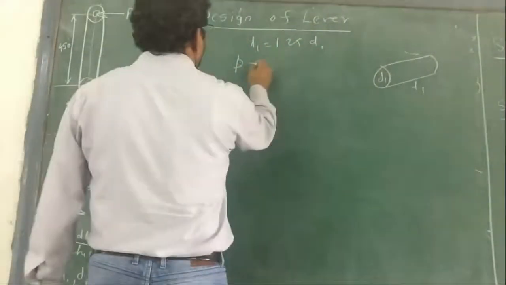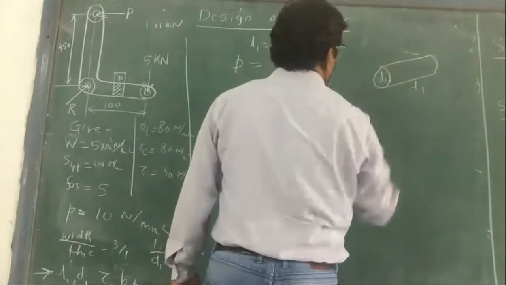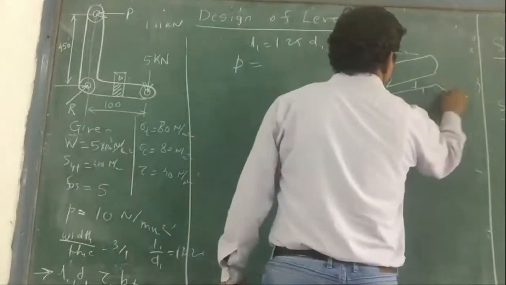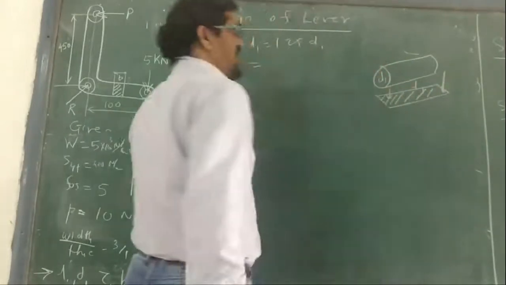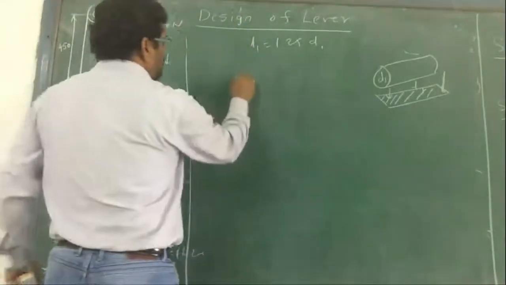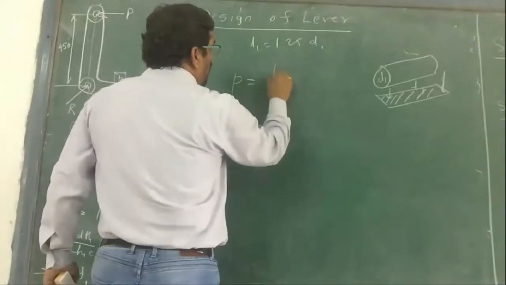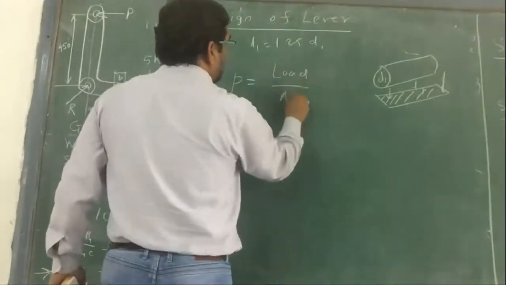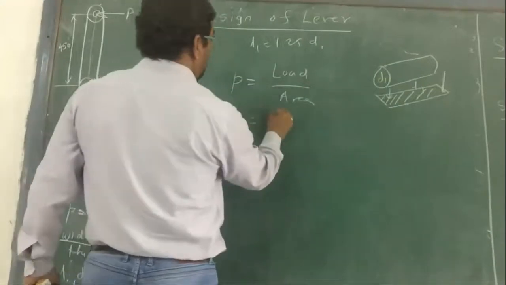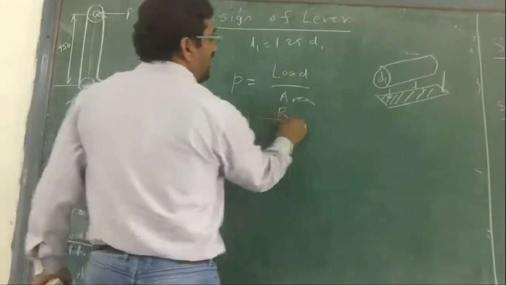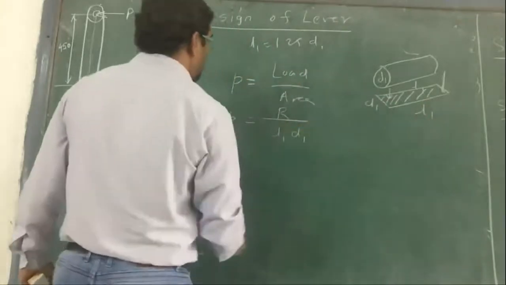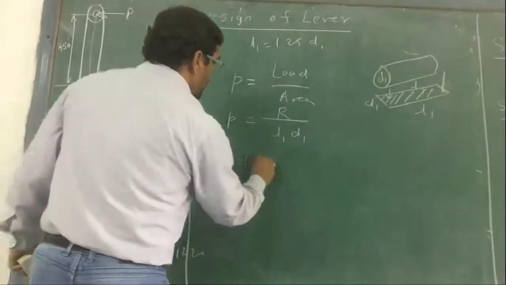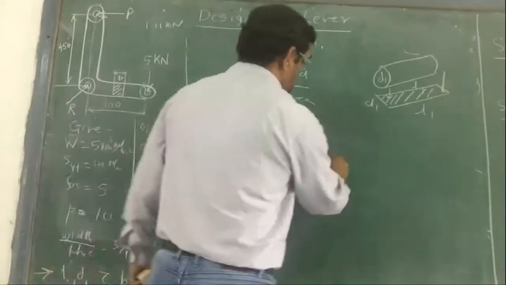So we know this. Now the bearing pressure at this fulcrum pin. This is the cross section of the fulcrum pin, which will have bearing pressure from R. If we are to find the bearing pressure, P is equal to load upon area, right? So what is the load here? Load is R. What is the area? This is D1, this is L1. So we can say reaction R is equal to P into L1 into D1.